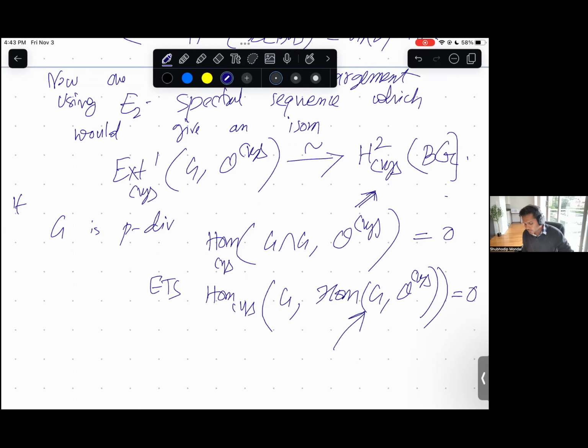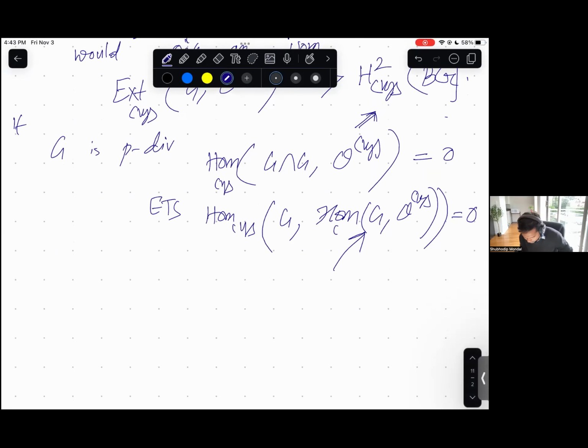And then this is something that one needs to prove, that the Hom is 0. Yes, and actually, to some extent, this is similar to something very elementary.